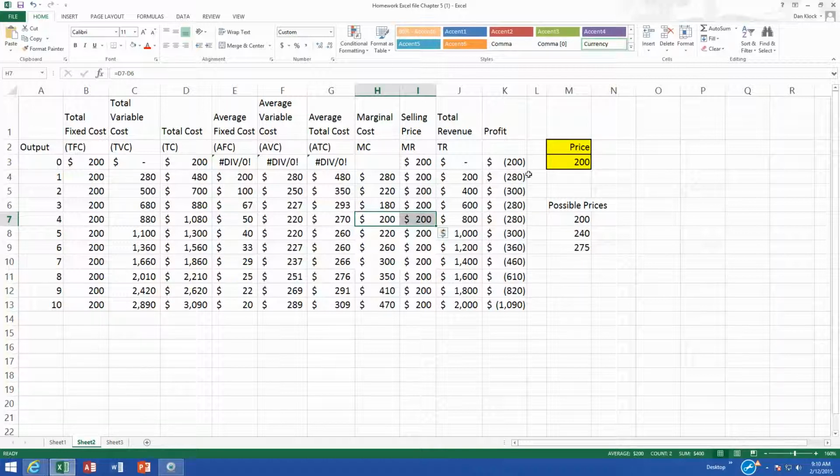We're losing $280. This we got to shut down, right? Because we would lose less money by shutting down. We're going to lose just $200 as opposed to losing $280 at profit maximization at output 4, because we're not covering our variable costs on this one. So this is the one where we'd have to close it down.